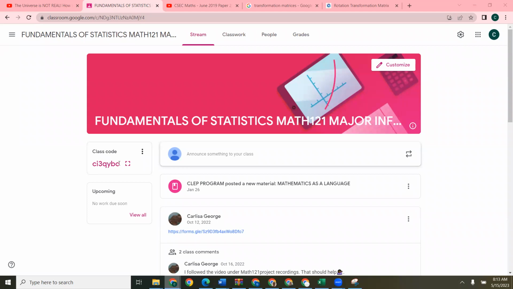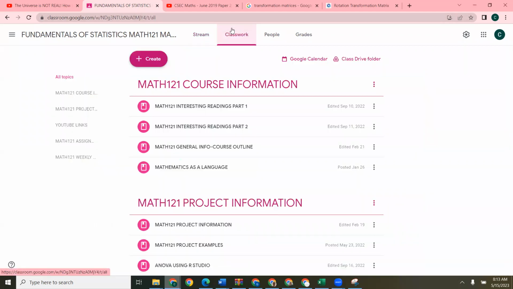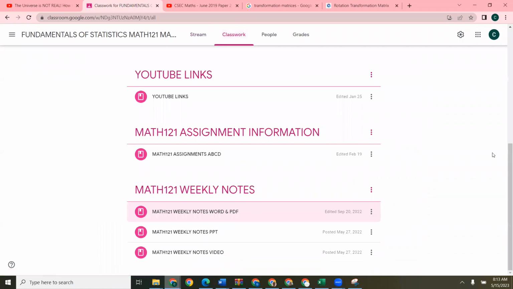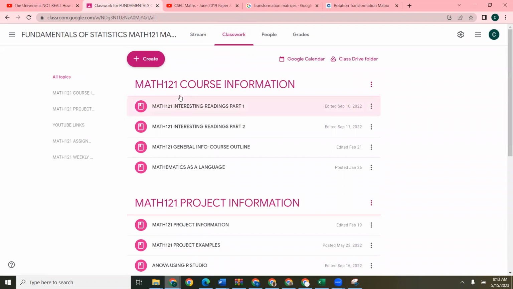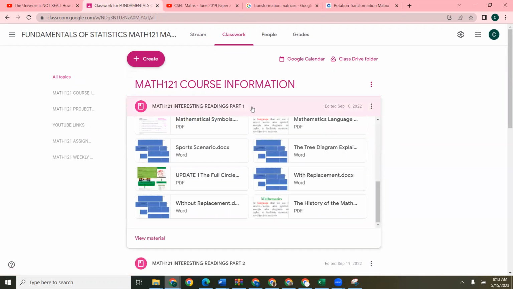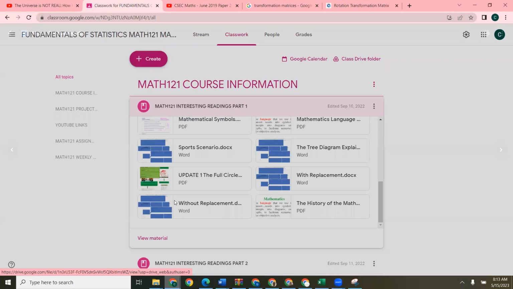So in this very same Google Classroom CI3QYBO, we go to classwork, and then we go to Math 1-1 course information, Math 1-1 interesting readings part 1, and we've got the without replacement document.